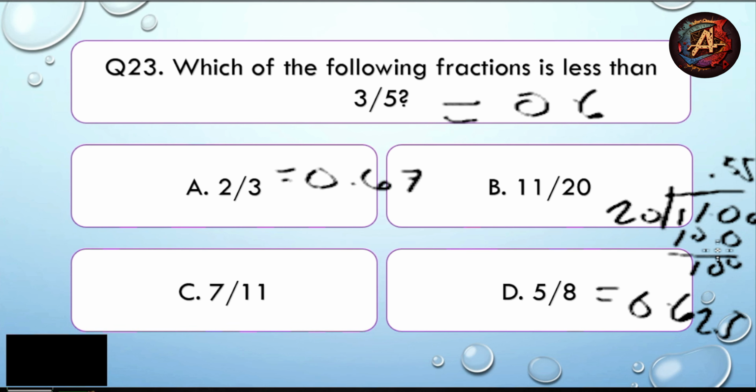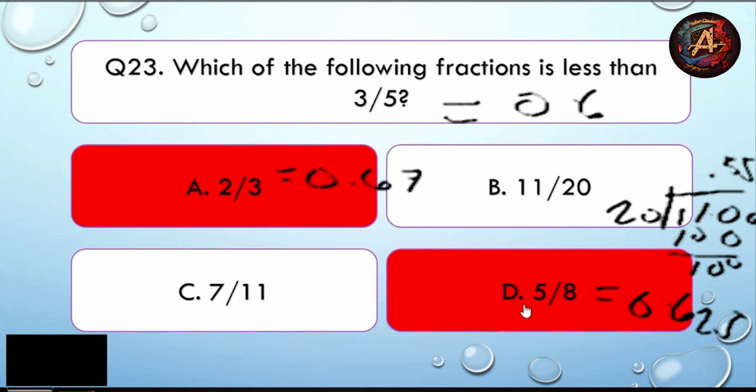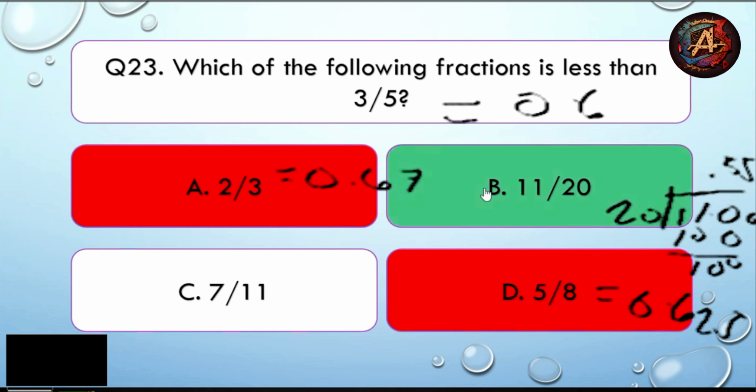If that is the case, then we know this is less than our given fraction, 3 over 5. So the correct answer here is letter B. Of course, letter A and letter D are wrong. All right, easy, right? We got that one, my dear math learners. Of course, 7 over 11, if you try that, 7 divided by 11 is 0.636363, or 0.64 rounded off.